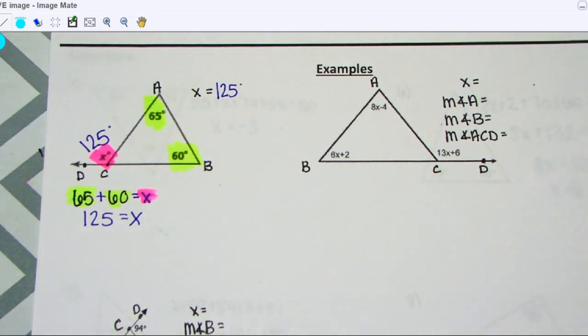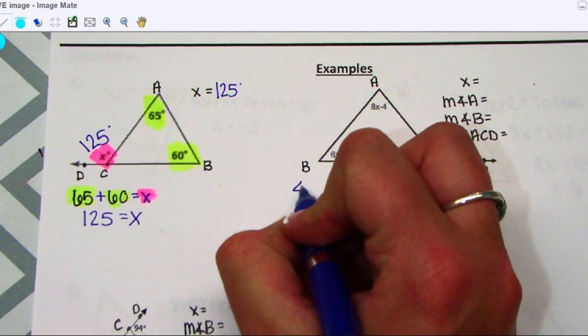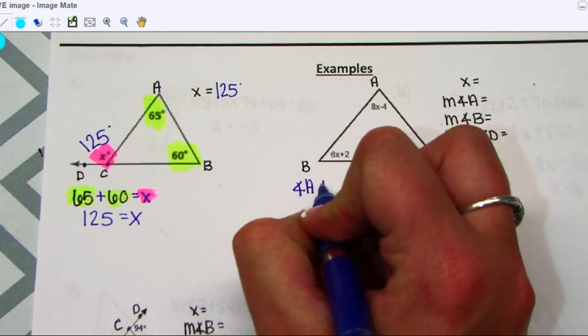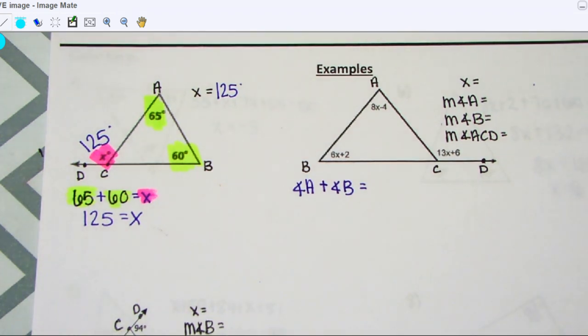All right. So where are the remote interior angles? Let's name them by letters this time. A and B. So angle A and angle B. Let's write letters this time just so we get familiar with it. Angle A plus angle B is going to equal what angle?